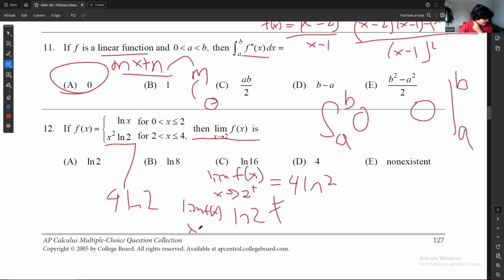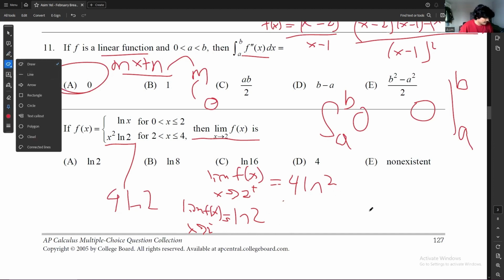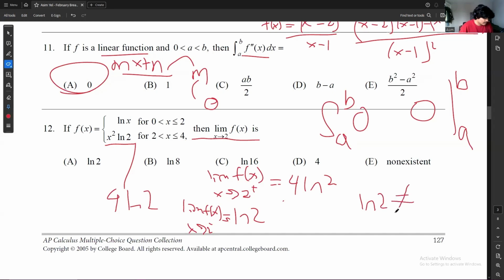As x approaches 2 from less than 2, from the left, I got ln of 2. Ln of 2 is not equal to 4 ln of 2, therefore my limit is non-existent.